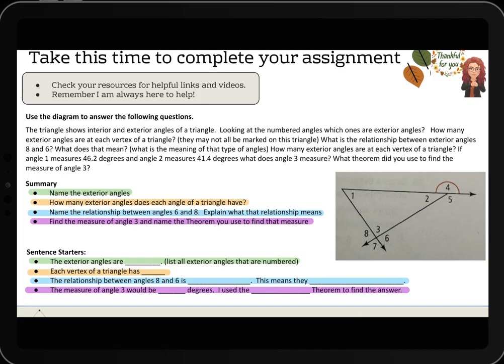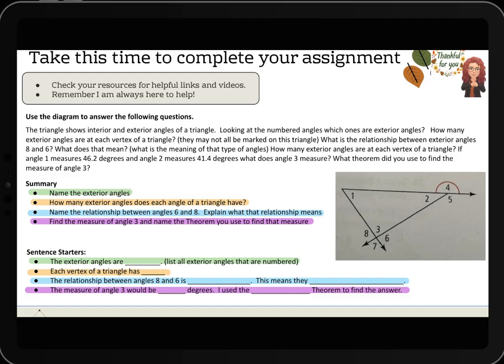I would encourage you to refer back to slides like the ones that I referred to, for example, the 14th and 15th slide. I'll just name the slides out, and let's see if you paid attention. What type of angle relation do 8 and 6 have in common? What is their relationship for 8 and 6? And then what is the meaning of that? You have to tell me what the relationship actually is beyond just what type of angles they are, right? So think about type of angles, and then what is that property that they have.